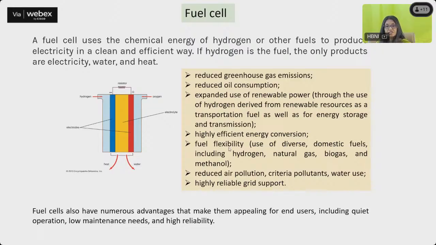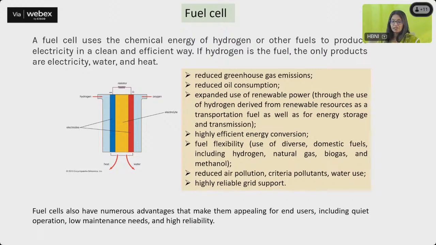You can have fuel flexibility. Instead of hydrogen, you can use natural gas, biogas, or methanol, and depending on that, you name the fuel cell. It has reduced air pollution, criteria pollutants, and water use. It gives highly reliable grid support. It also has very quiet operation, low maintenance needs, and high reliability. So these are the many advantages of the fuel cell.